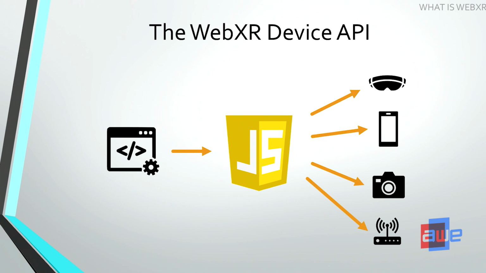But the core of WebXR is the WebXR Device API. This is a JavaScript API for accessing VR and AR devices from browsers. That can be devices such as mobile phones, head-mounted displays, whatever we come up with in the future. There's also access to VR and AR controllers, which, interestingly, in browsers is being handled by something called the Gamepad API.